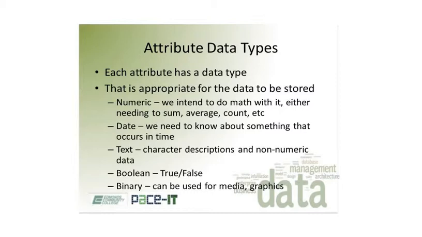Each attribute will have a specific data type. And we need to be real careful about this and make sure that the data type that we choose is appropriate for the data to be stored in there. So for numeric data, we probably intend to do math with it, either needing to sum, average, or count. There's kind of a raging debate about whether or not phone numbers, for instance, should be numeric.